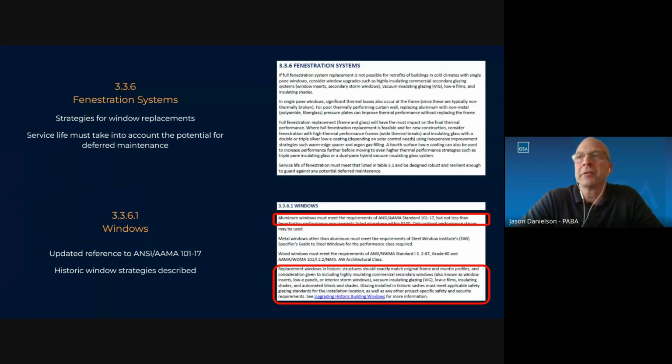3.3.6 fenestration systems. This is strategies for different window replacements, and a lot of these we're talking about double or triple glazed. What are different options, vacuum insulated glazing, and just laying the table of what potentially is out there, and that the service life must be taken into account for the potential of deferred maintenance.